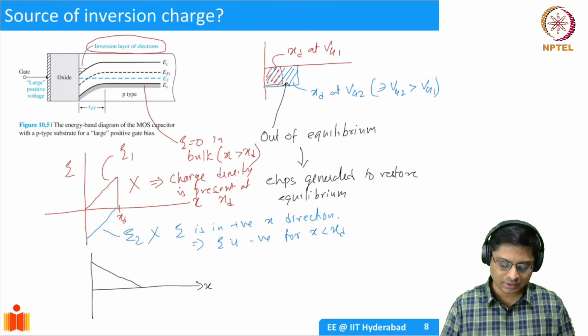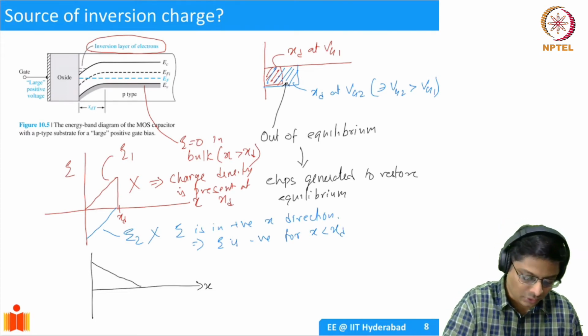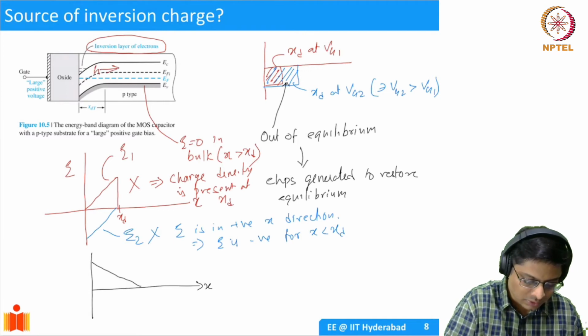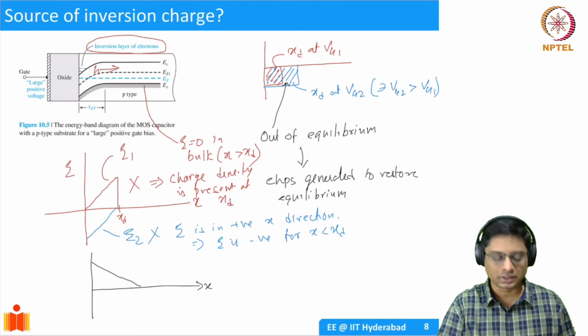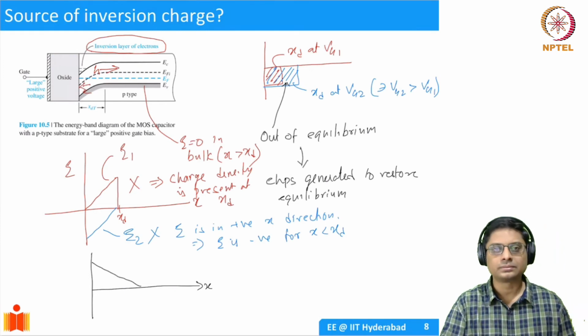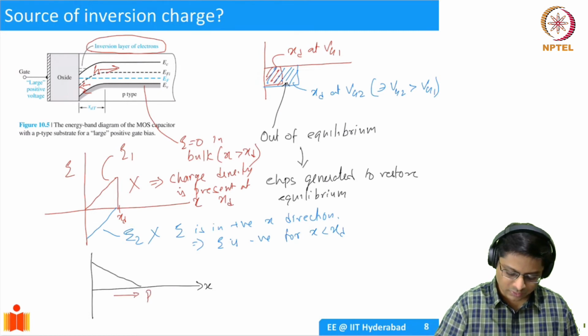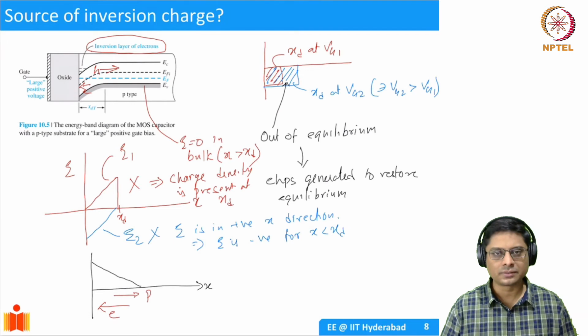So what does it mean? There is a positive field, right? When a positive field is there, your electron hole pairs will be generated. In that electron hole pair, holes will move into the bulk. Electrons will move towards the interface. Holes will move into the bulk, and the electrons will move towards the surface.